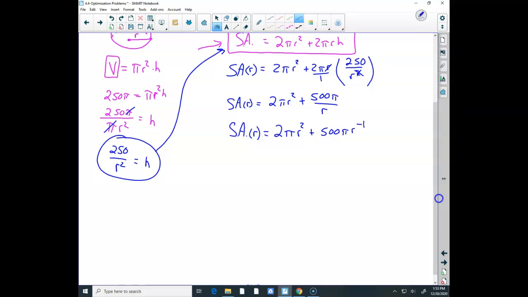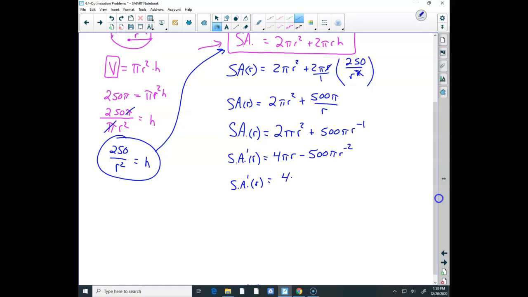Let's just power rule this dirty little rat. So my surface area prime in terms of its radius, well, that's going to be 4 pi r minus 500 pi r to the negative 2, isn't it? So I can rewrite this.